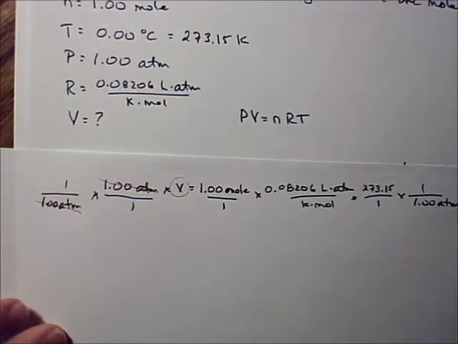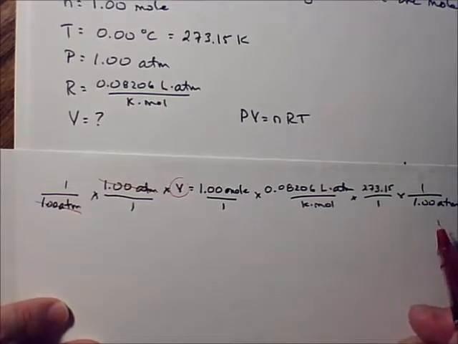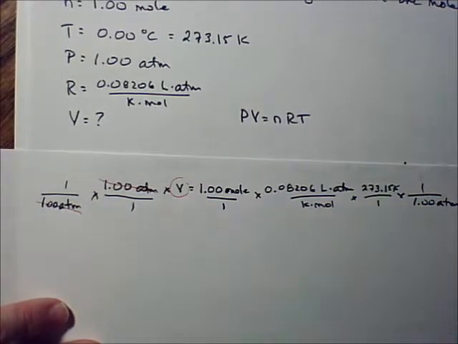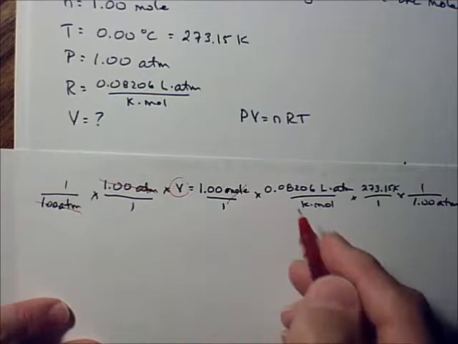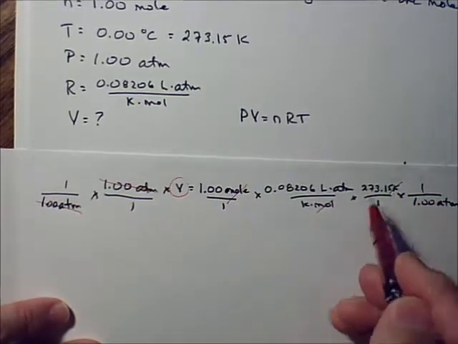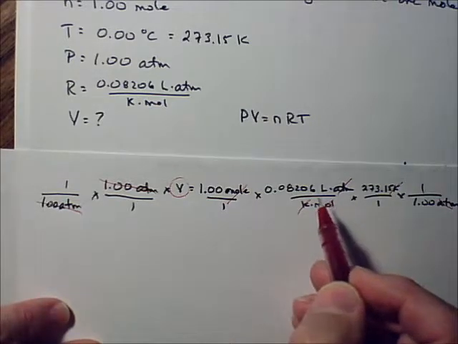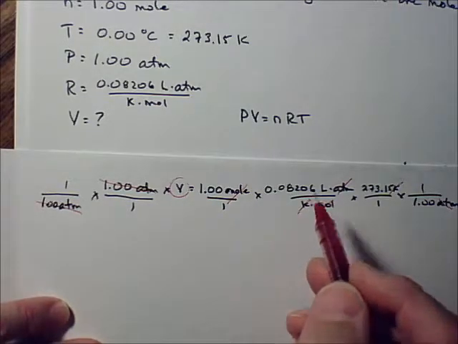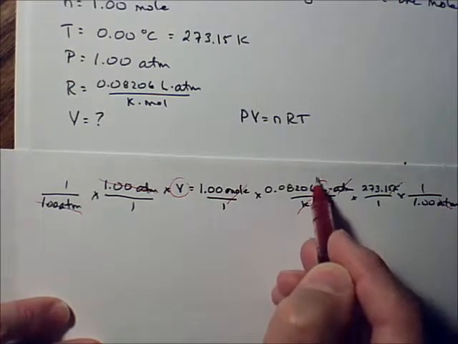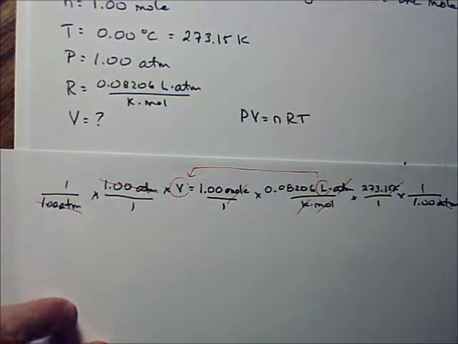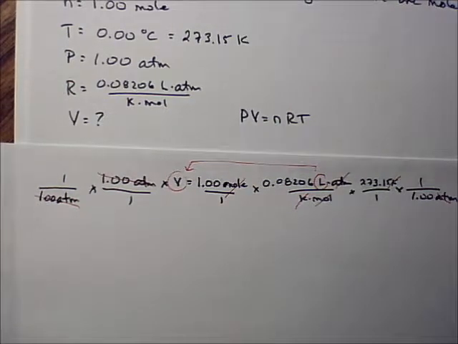On the other side, I can now simplify. I left off K here; I need the units of Kelvin there. So moles cancel, Kelvin cancels, atmospheres cancel. The only unit I have left is liters, and liters is a measurement of volume, so I know I've probably set everything up right. All I have to do now is the math.